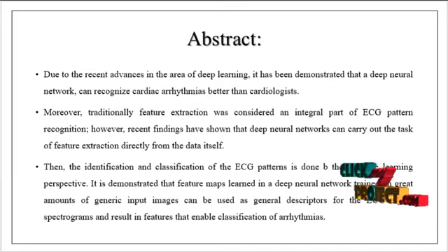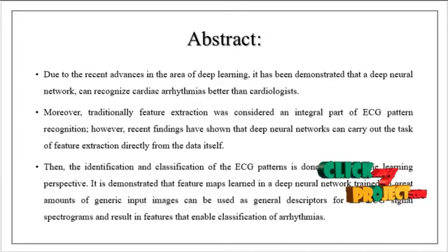In this process, we have three major steps: feature extraction, classification, and finally performance. After the feature extraction, the identification and classification of the ECG pattern is done using machine learning.